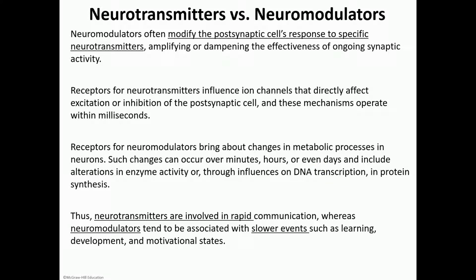So these changes can occur over minutes or hours, or even days. So neurotransmitters are more involved in rapid communication, while neuromodulators are more involved in slower events, such as learning, development, and motivation.